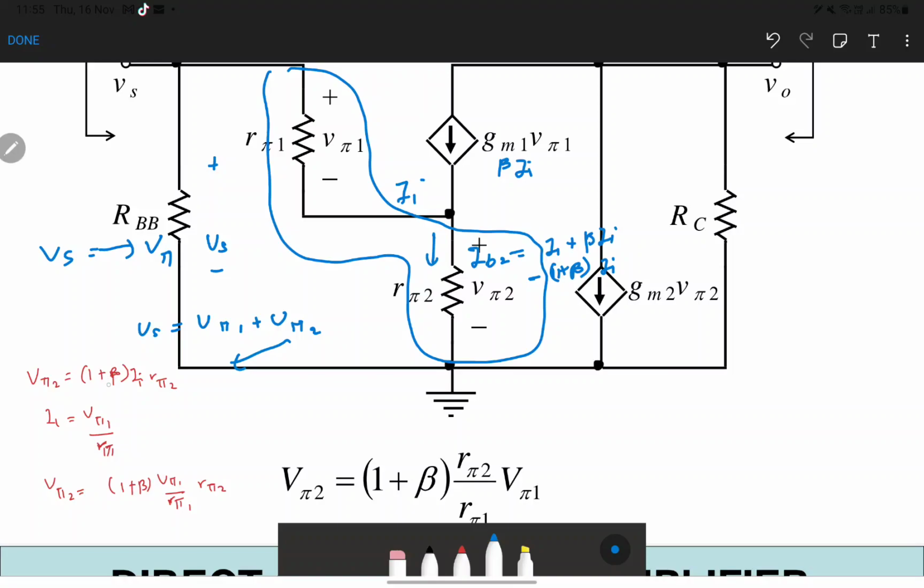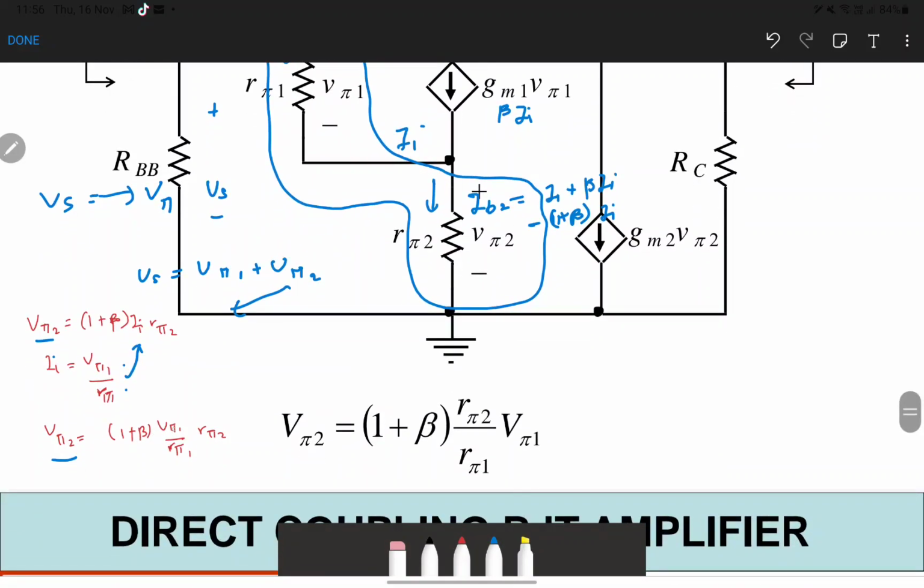So 1 plus beta Ii times R pi 2, we got the equation for V pi 2. We know that in the same situation, Ii entering here is equal to V pi 1 over R pi 1. Alright, by using this equation, you replace Ii, so you got a new value for V pi 2. So V pi 2 equals 1 plus beta times V pi 1 over R pi 1 times R pi 2.